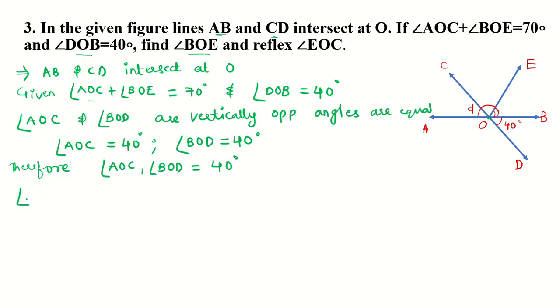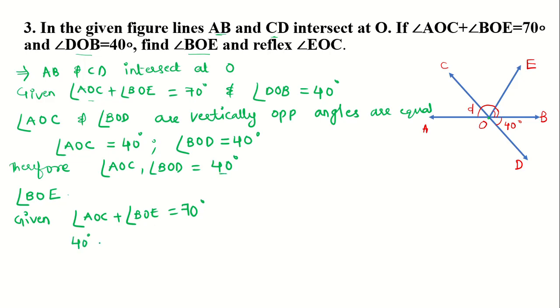Now, let us find angle BOE. See the question. It is given that angle AOC plus angle BOE is equal to 70 degrees. We have angle AOC as 40 degrees, right?